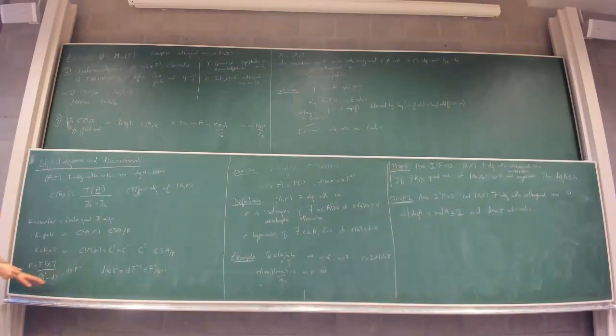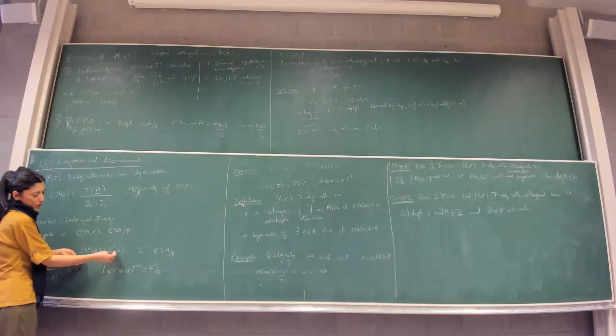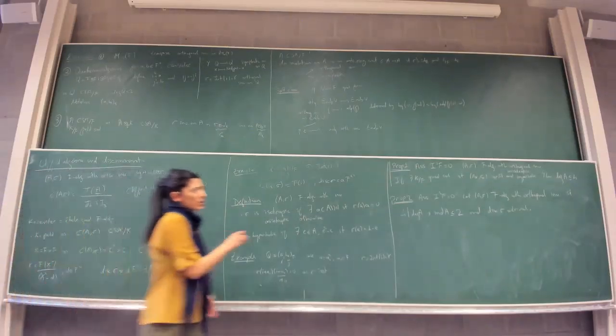So here you see, the discriminant is basically this center, right? The discriminant is trivial if and only if the Clifford algebra is a product of two central simple algebras.